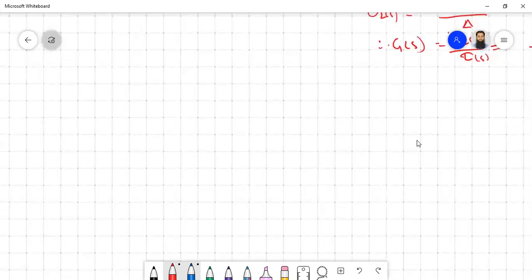Now let us try to solve a few more problems. So say example 2.20. Now here another system is given. So this is the reference.